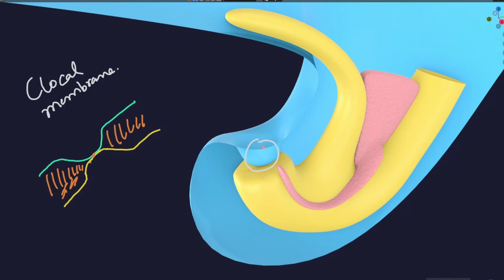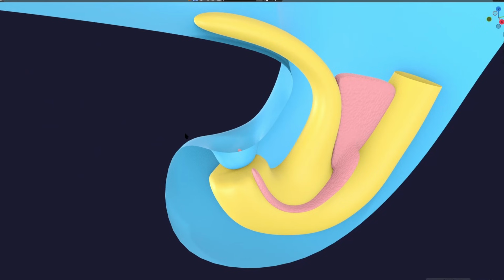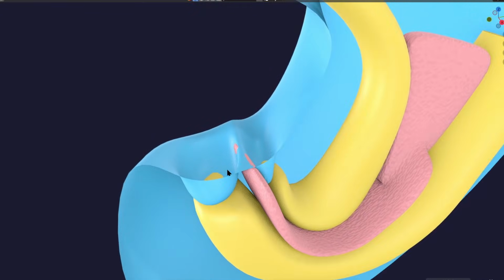Now as the urorectal septum divides the cloaca into two parts, it also divides the cloacal membrane into two parts. Let's watch the animation so this concept becomes clearer. Here you can see that it also divided the cloacal membrane into two parts.